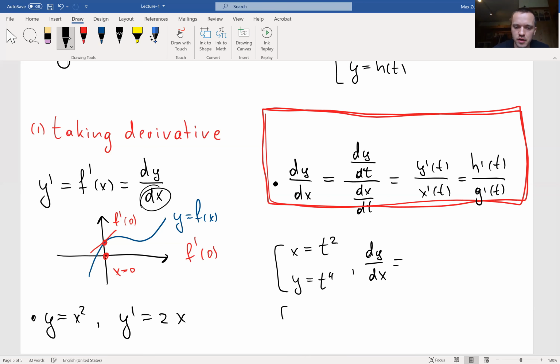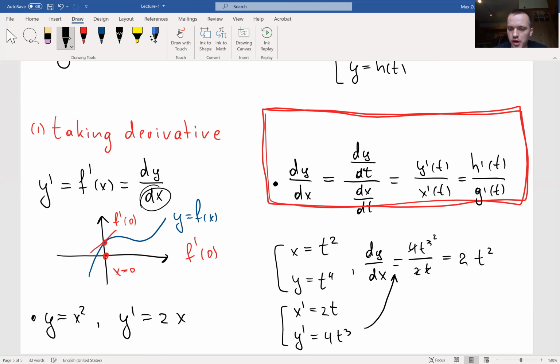My x prime is going to be equal to 2t, and my y prime is going to be equal to 4t cubed. If I plug them in over here, I will have 4t cubed over 2t, which is equal to, 4 and 2 get canceled, so 2, and t cubed over t gives t squared, so 2t squared. So dy over dx is going to be equal to 2t squared.